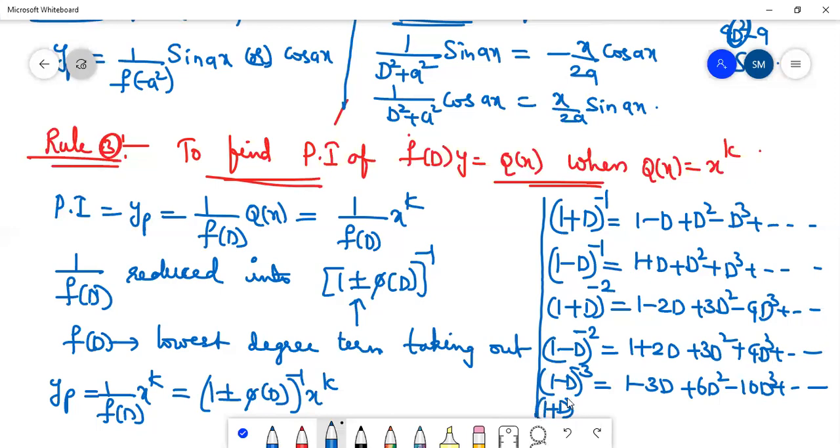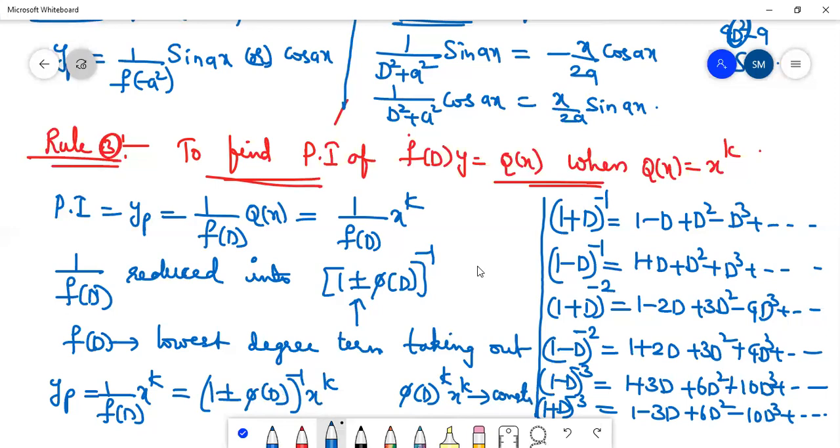1 plus d whole power minus 3 equals, sorry, it is minus means plus only. If it is plus, we will get alternate minus: 1 minus 3d plus 6d square minus 10d cube plus so on. Using these formulas, we can expand up to the function of d whole power k on x power k, until we get the constant value.